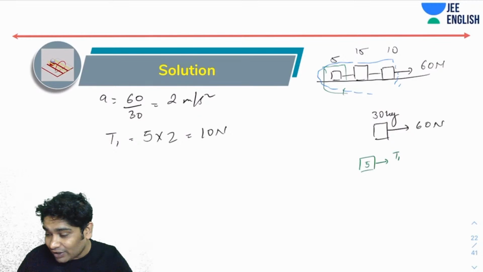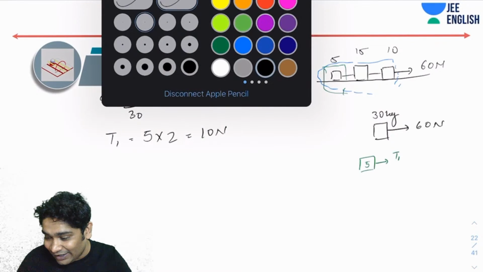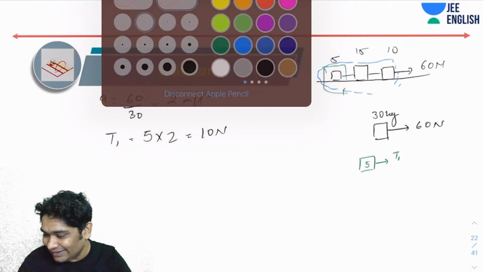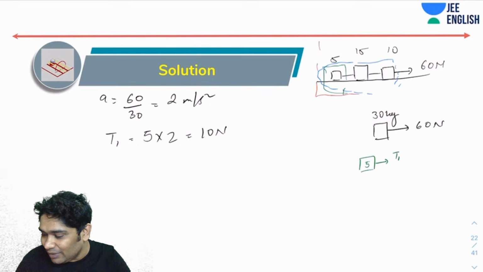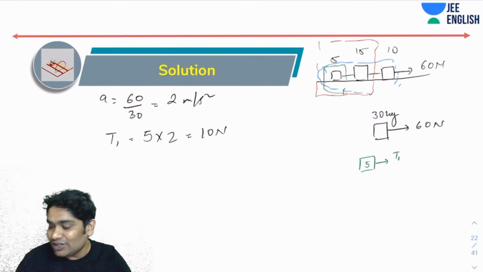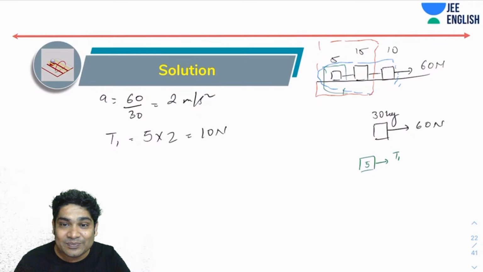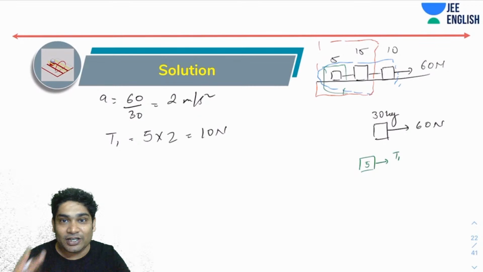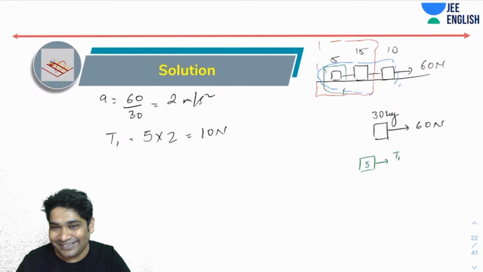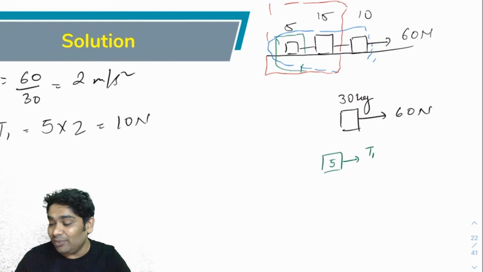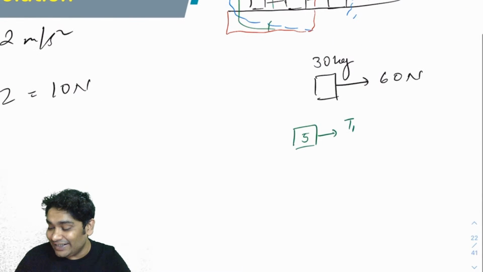Now for T2, I can take both of them as one system. No, acceleration is 2. What are you saying? If I take both of them as one system, now what do I see?